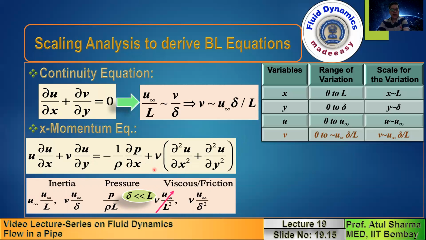By doing scaling analysis, what you find is that the orders of A, B, C and E are of the same order.